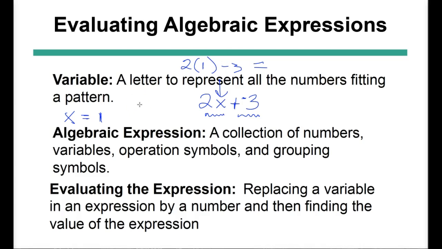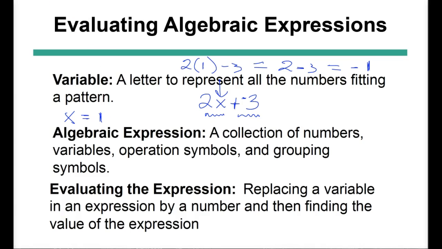Of course, we're using what we know about order of operations, and if you have not checked out my order of operations video and you need to, go ahead and check that out as well. So 2 times 1 is 2, and then 2 minus 3 is negative 1. That is what we mean when we evaluate an expression.